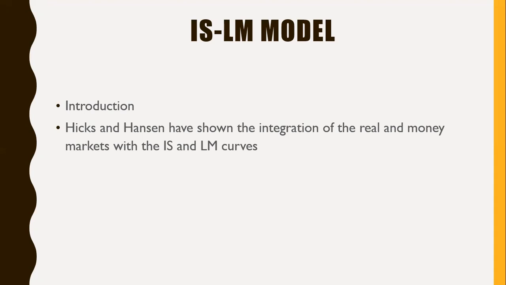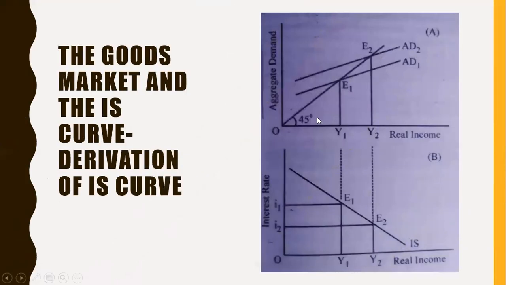The real market is where we will derive the IS curve. Goods market equilibrium we will show, and for LM we will be deriving equilibrium in the money market, and the LM curve will be derived. In the present video we will be considering only goods market equilibrium by derivation of the IS curve.